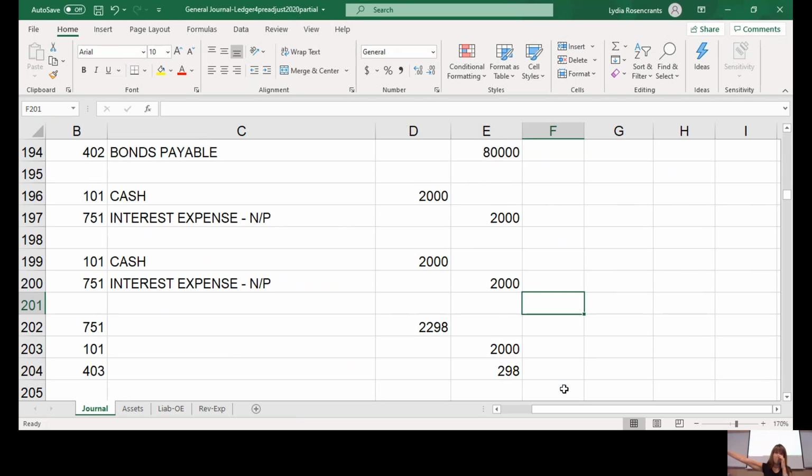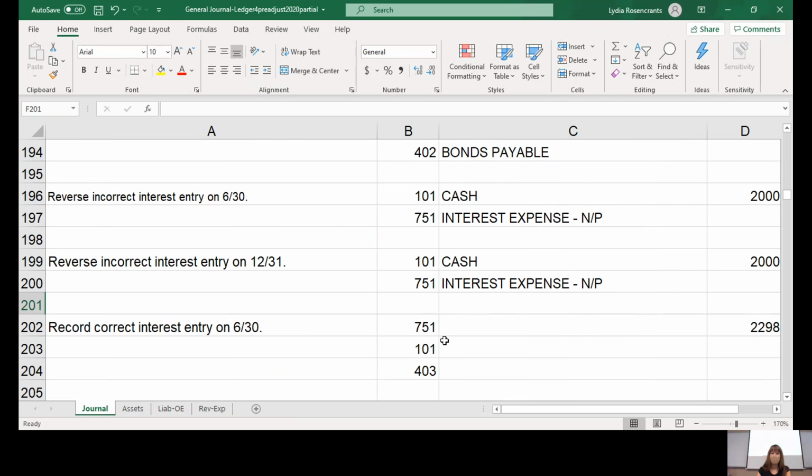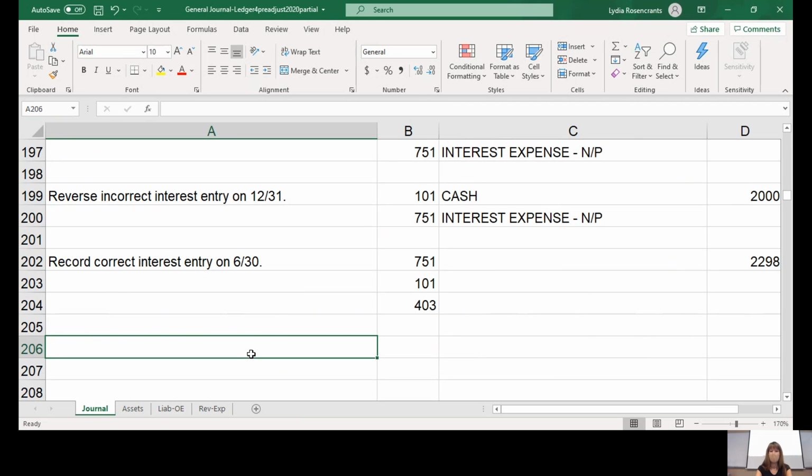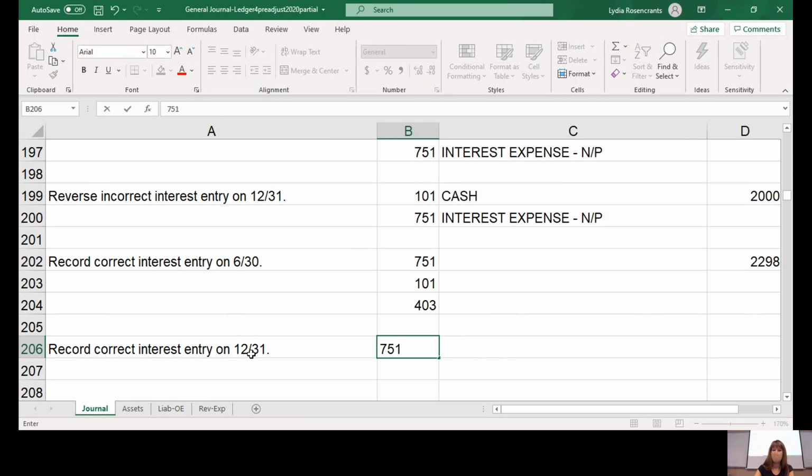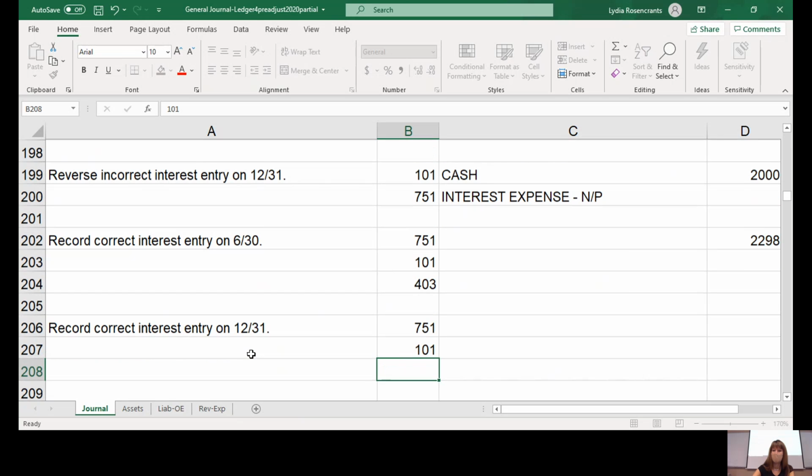So you can just look straight across. All you have to do is look straight across your amortization schedule. So once you have the amortization schedule, it makes things so much easier to do the journal entries. And then the next one. Debit to 751, credit to 101, credit to 403.